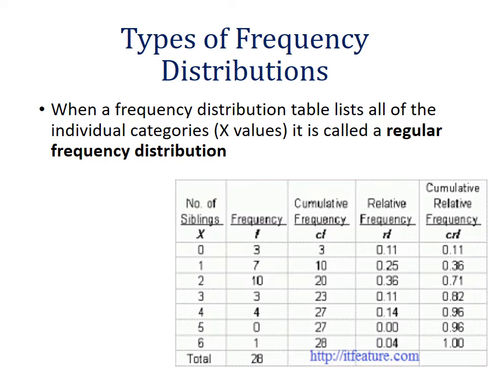Basically, when a frequency distribution table lists all of the individual category x values, it is called a regular frequency distribution. The previous table that you have already seen was an example of a regular distribution. Here we take another example of a regular distribution: the number of siblings in families, 0, 1, 2, 3, 4 is the number of siblings, and the frequencies are 3, 7, 10, 3, with the total of the frequency.